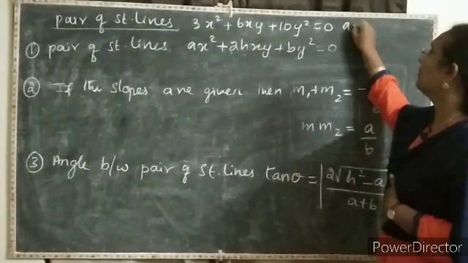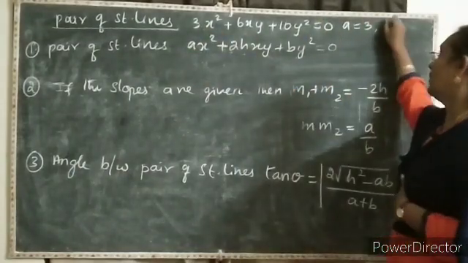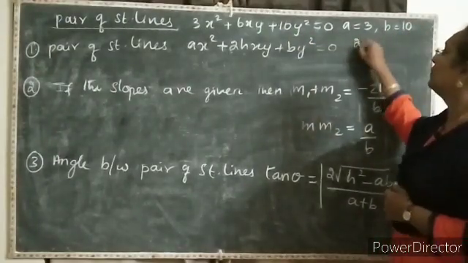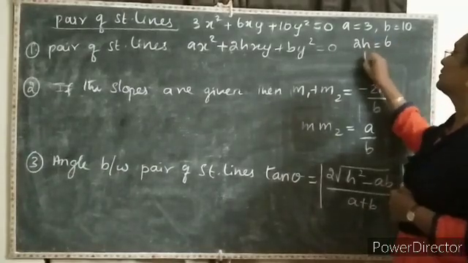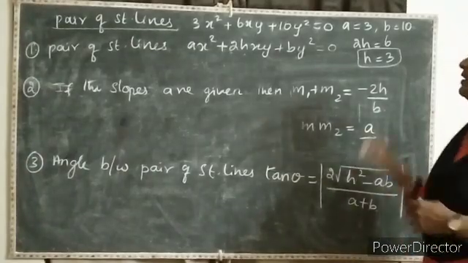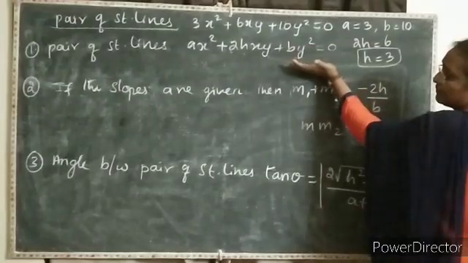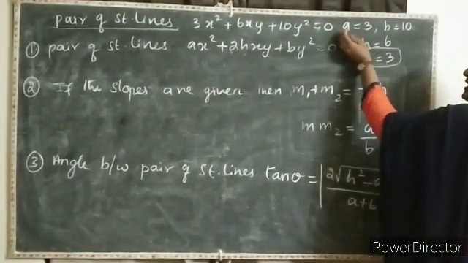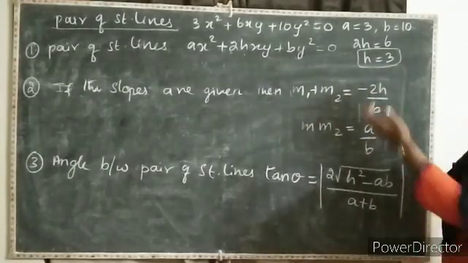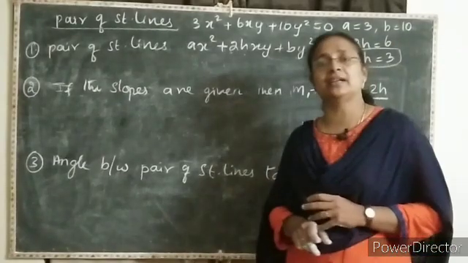What will be the value of a here when comparing? a is 3. b is 10. And 2h is equal to 6, so h is equal to 3. With the help of comparing the general form and the given equation, I can sort out the values of a, b and h, which will be very necessary in learning the further formulas also. So the first one is very clear now.